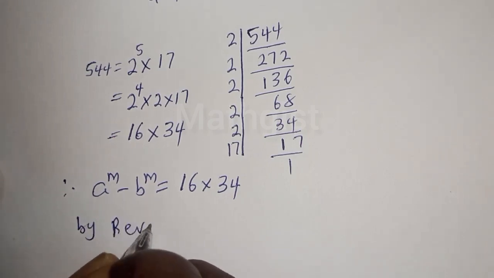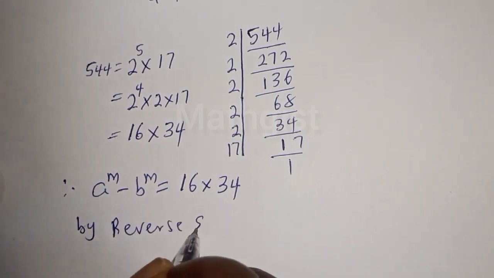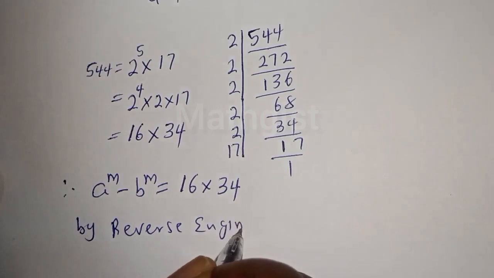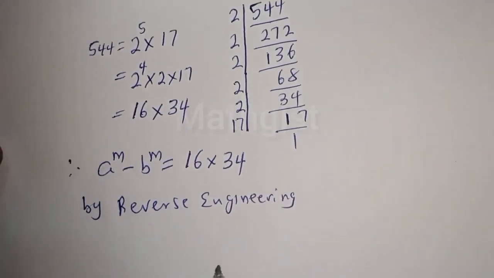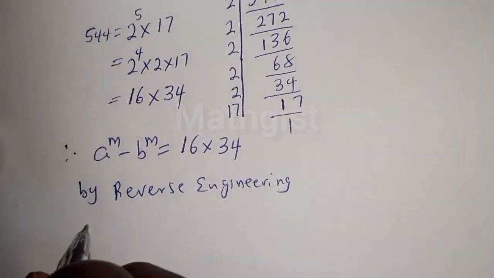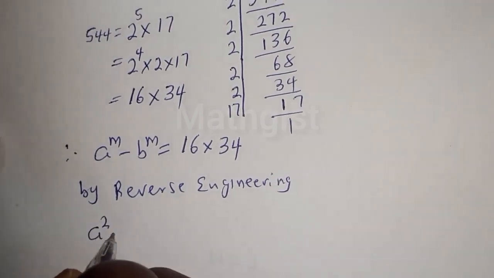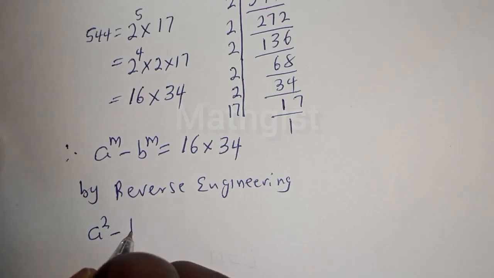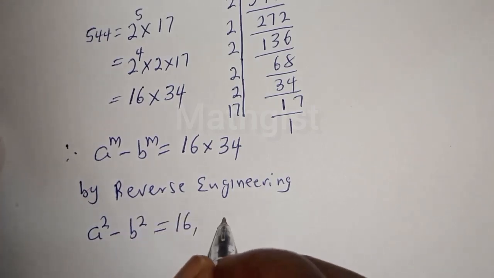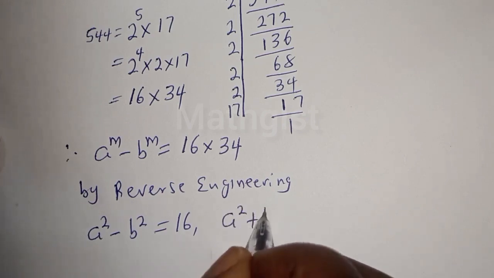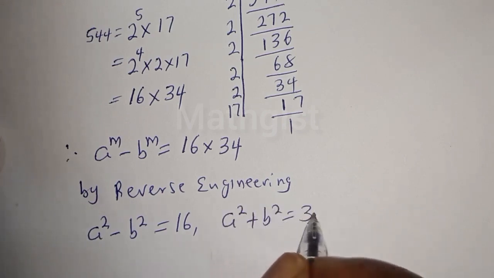Now, by reverse engineering method, we have a square minus b square is equal to 16, and we know that a square plus b square is equal to 34.